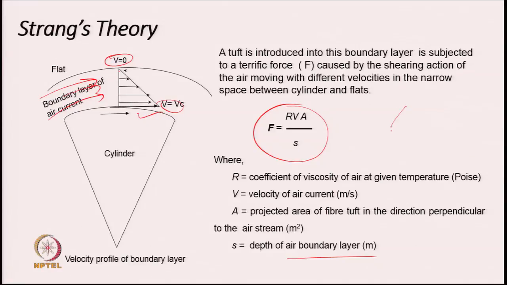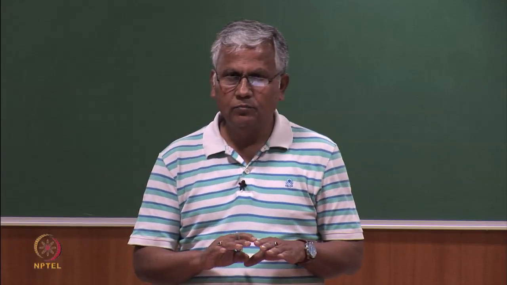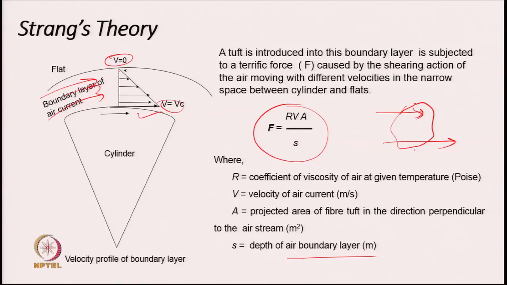Suppose this is the tuft, this part will experience some velocity, the other part will experience less velocity, because the streamlines of air are moving at different velocities from bottom of the tuft to the top, and therefore, the tuft is going to be sheared. It will be broken into pieces. So, this theory only talks about the role of air current in shearing action of the tufts.